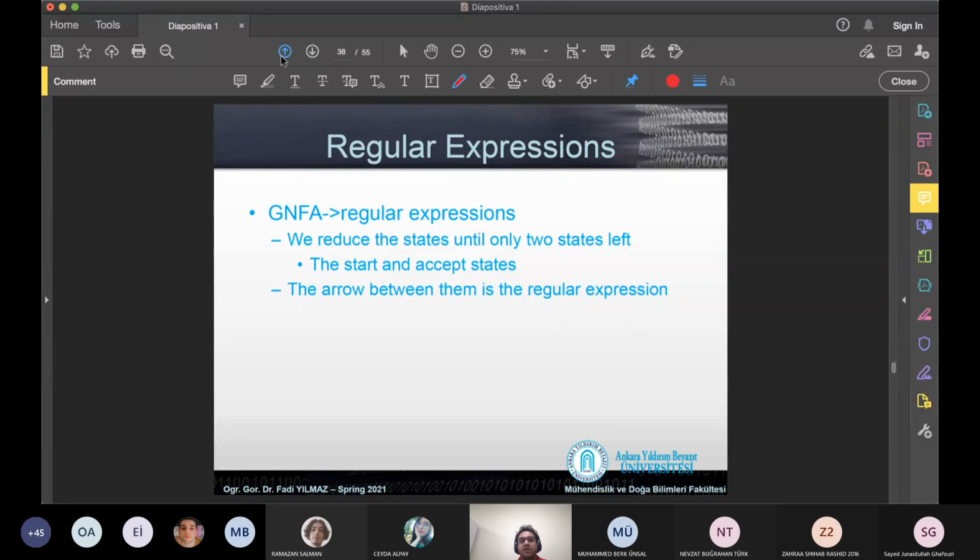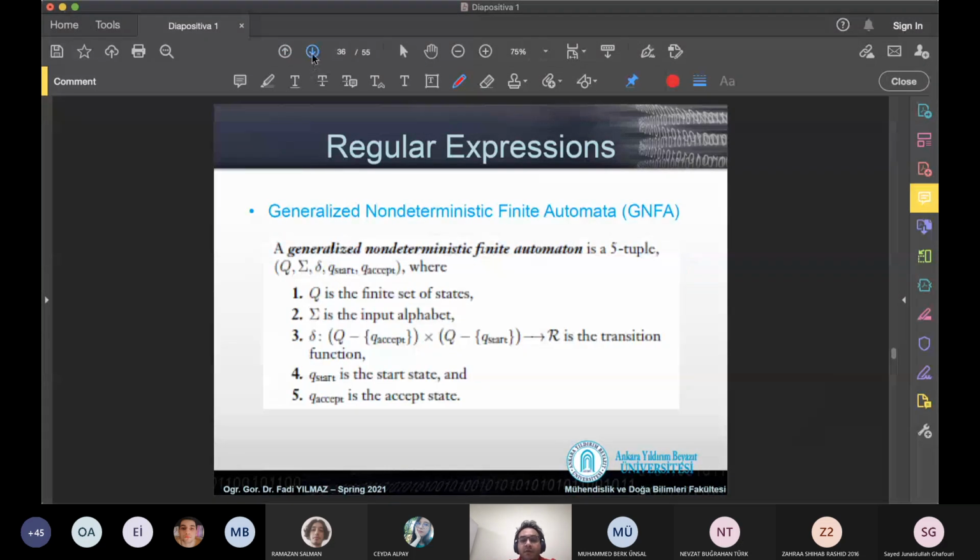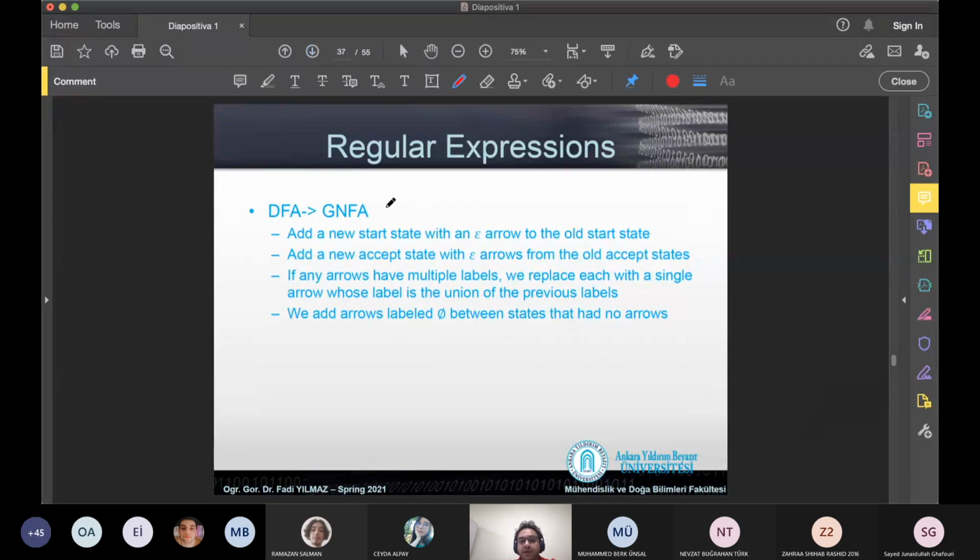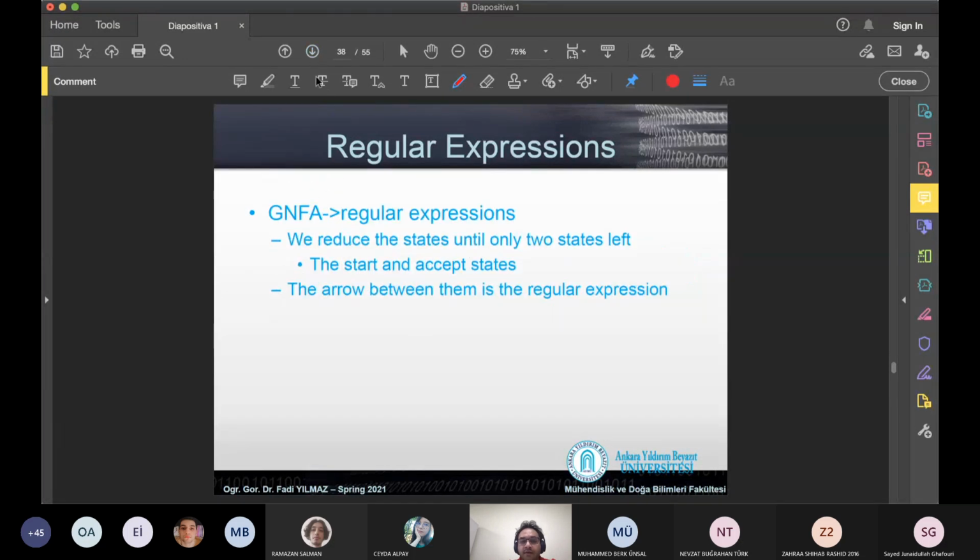But first, the idea is that we want to convert the DFA to a regular expression, right? So what we do is first convert the DFA to a GNFA and then the GNFA to a regular expression. So we just do the second part first, and then we go back to the first part. Here, the idea is that we reduce the states until only two states are left, the start and accept states. And the arrow between them is the regular expression.